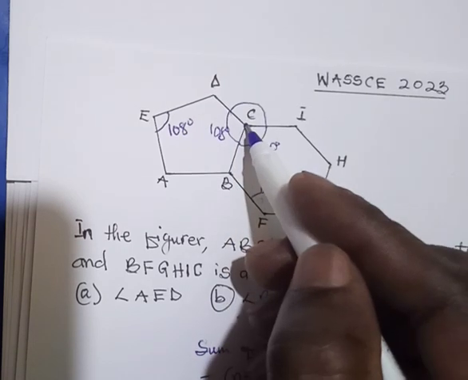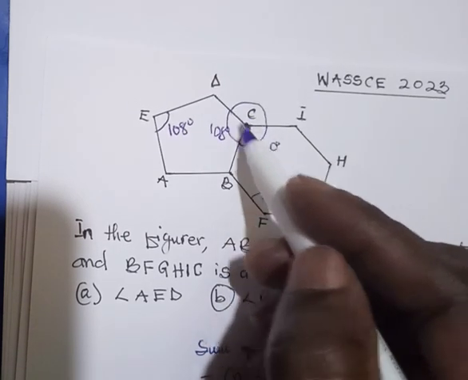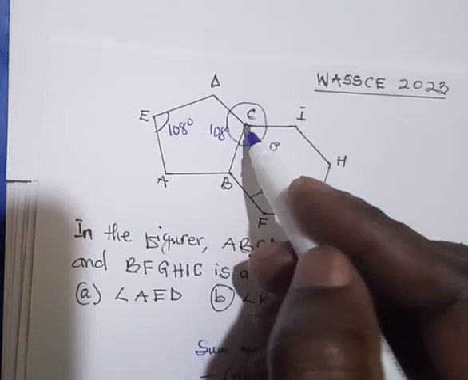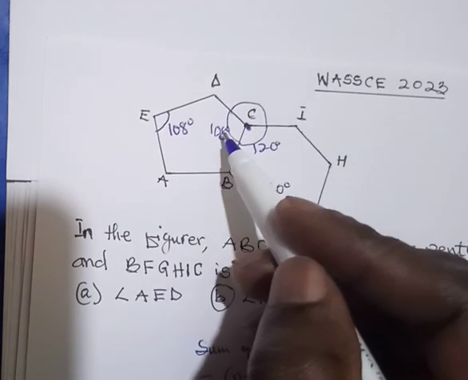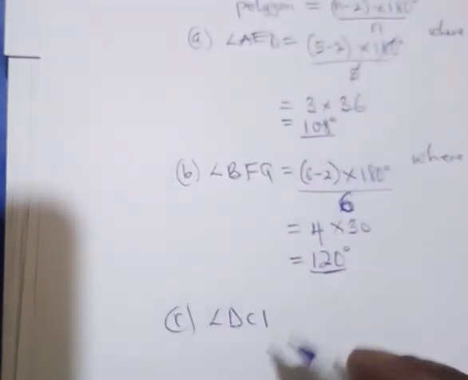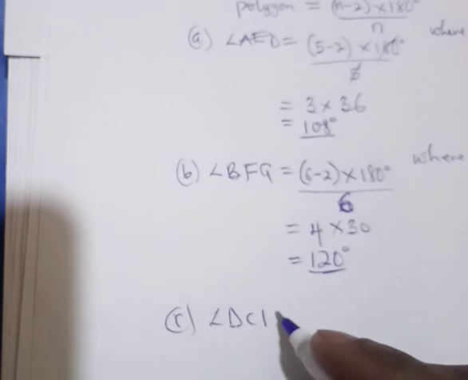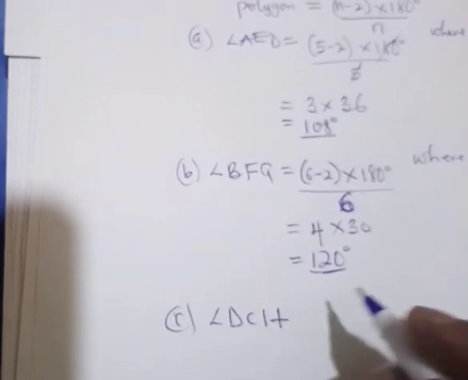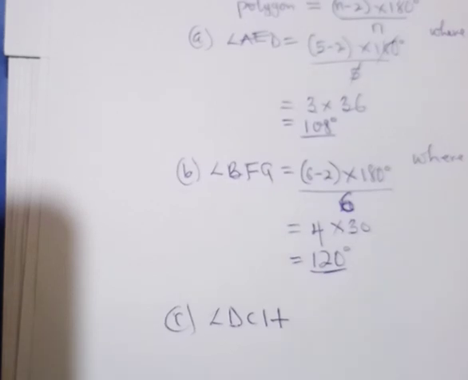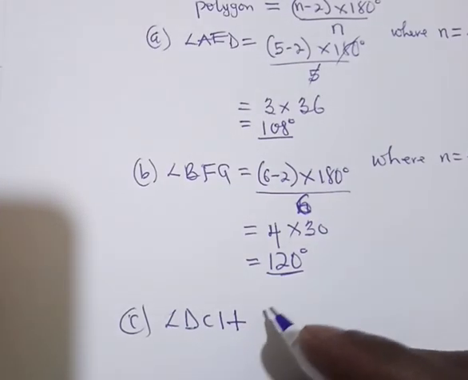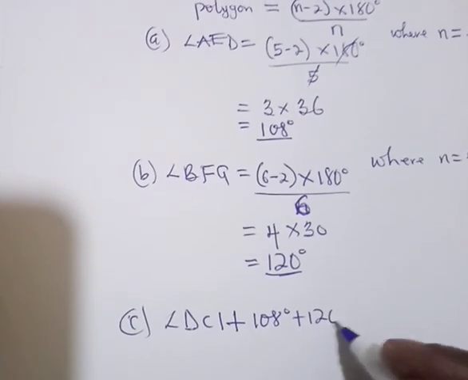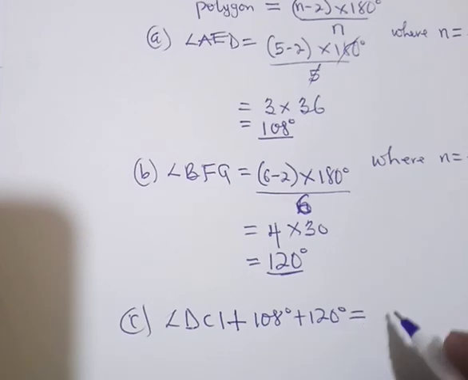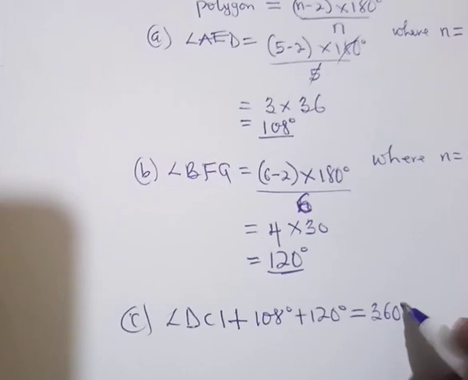So once we know here and here, then we can easily find the angle here. And we are saying that angles formed in a circle, meeting at a point, is equal to 360 degrees. So we can just write this. So angle DCI plus 108 degrees plus 120 degrees is equal to 360 degrees.